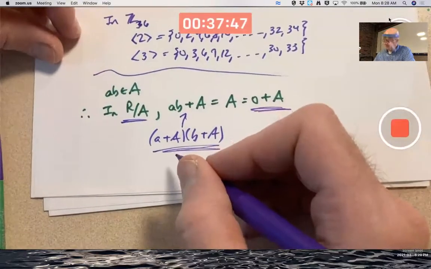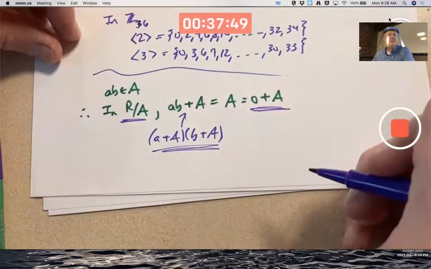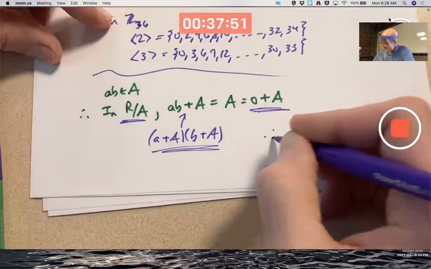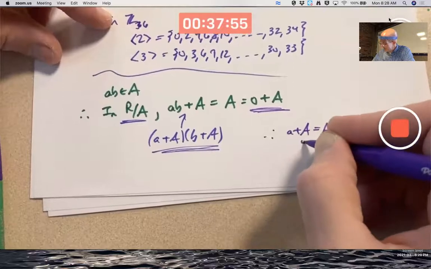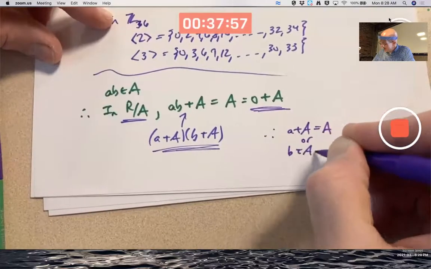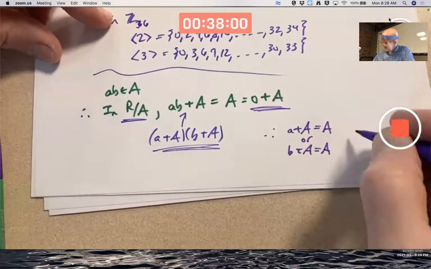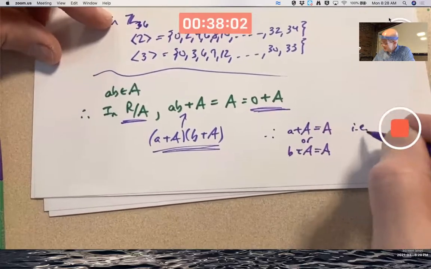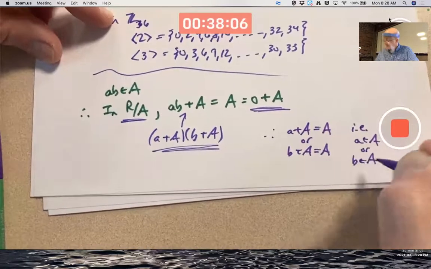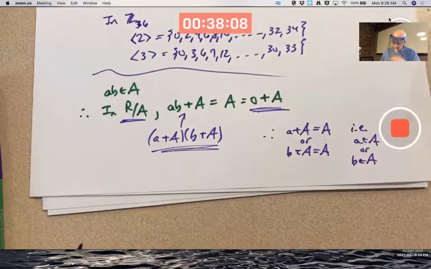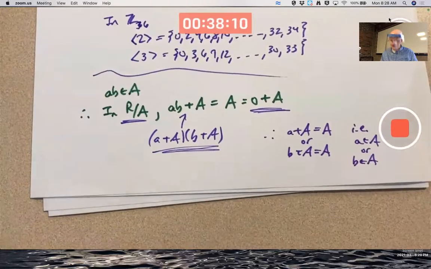That means one or the other of them has got to be the zero coset. Therefore, little a plus capital A equals capital A, or little b plus capital A equals capital A, in other words, little a is in capital A or little b is in capital A. Done. That's what you wanted to prove. Because the goal was to show that capital A was a prime ideal.